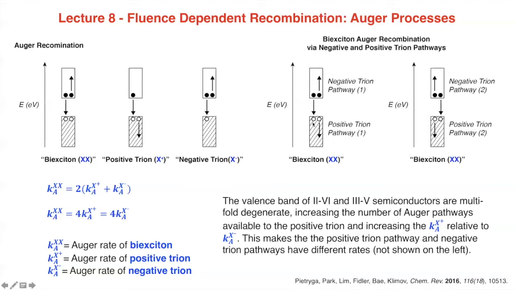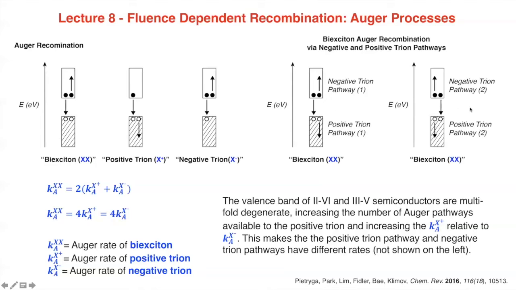And so, if you consider that this electron can recombine with these 2 holes by promoting a hole, or this electron can recombine with one of these holes by promoting the other electron, you can then say that the probability of Auger recombination from the biexciton is the sum of those 2 pathways. Now, this arrow could be on the right-hand side or the left-hand side.